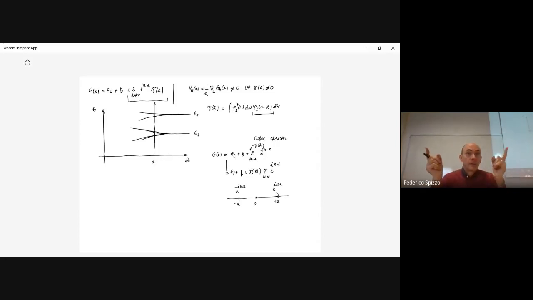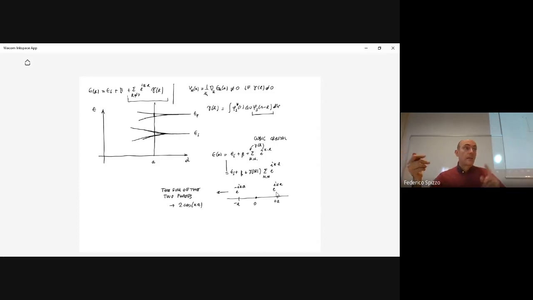At this point, when you sum those two phases, the result is the cosine of kA, because you have the sum of two phases with the same argument, but just with a change of sign. So the summation gives you twice the cosine of kA.